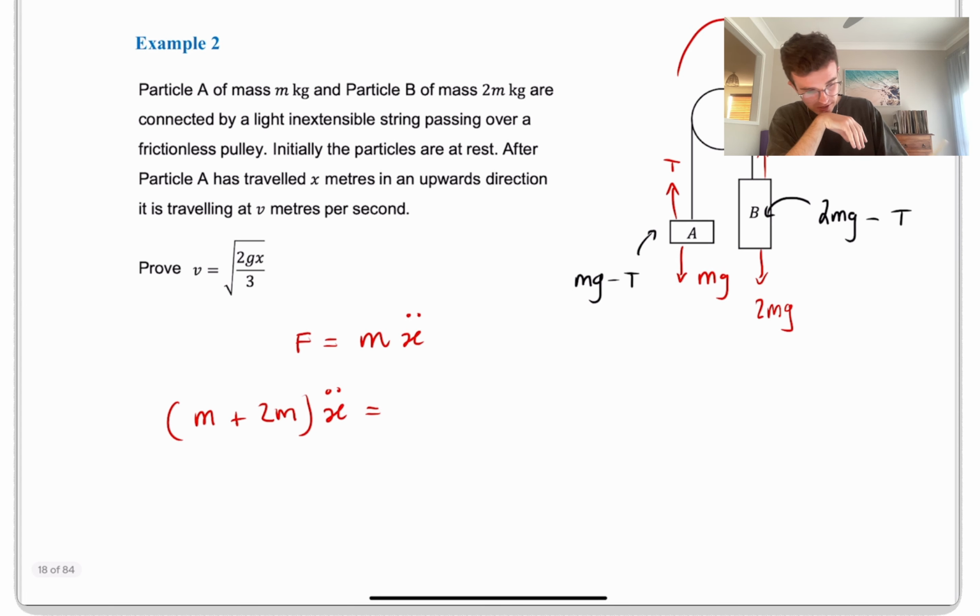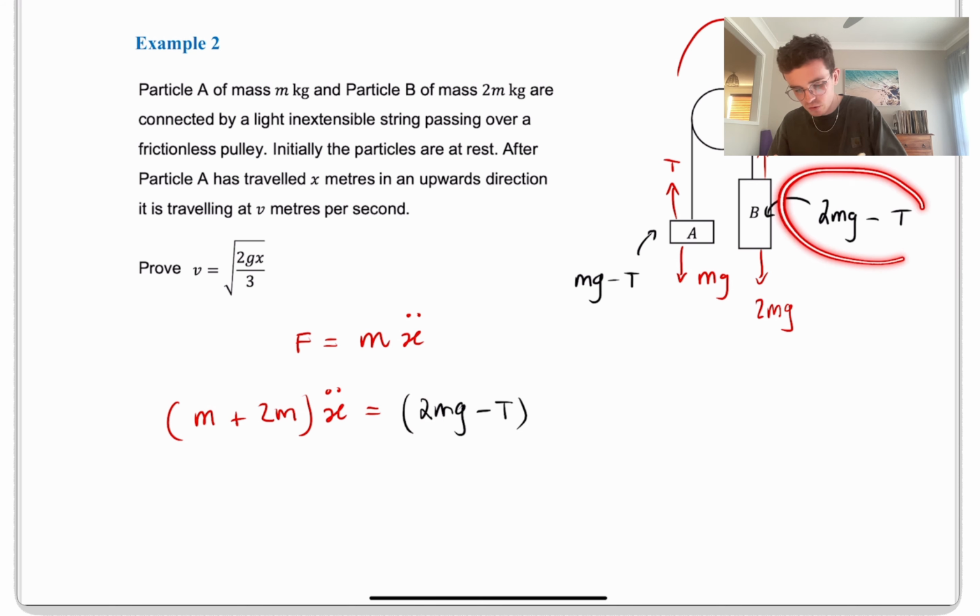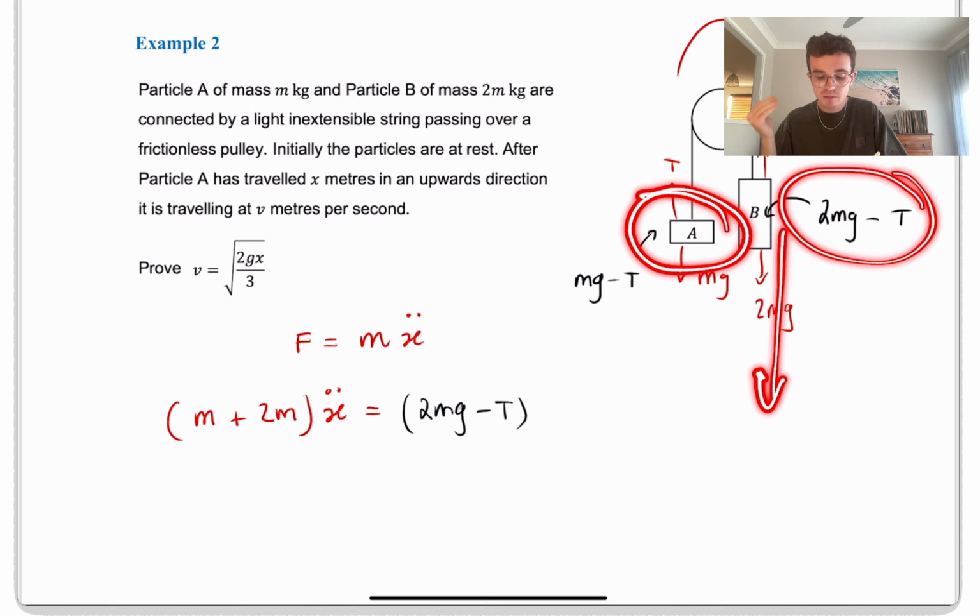Now this system is going this way. So the force is going to be, well, initially, if we forget about this weight here, the only force we care about is this one, and it's being pulled down, 2mg minus tension. We're told that the system is moving, and this force is pulling it down. But there's a force that's opposing it being moved down, and it's the weight of object A. If object A wasn't there, B would fall much faster.